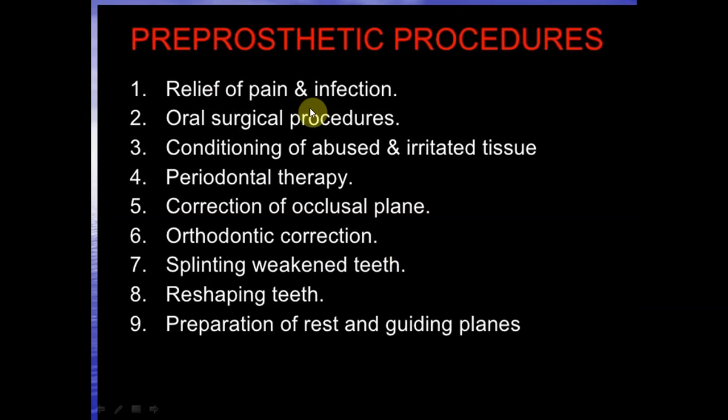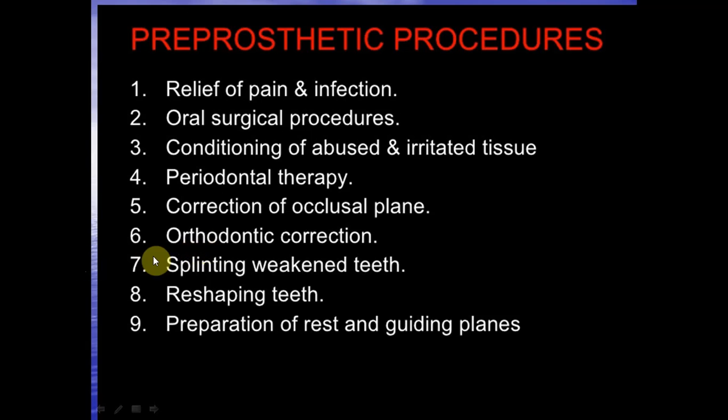Okay, this slide is also an example of some pre-prosthetic procedures. So, to mention from it, we talk about conditioning of abused and irritated tissue, which means that if there is any inflammation of oral mucosa or periodontal tissues, this should be treated before our treatment, as well as periodontal therapy is to be done.